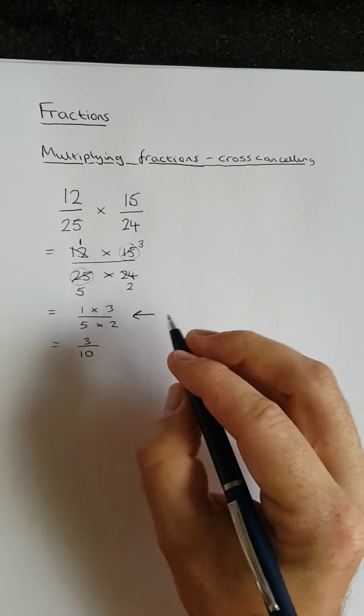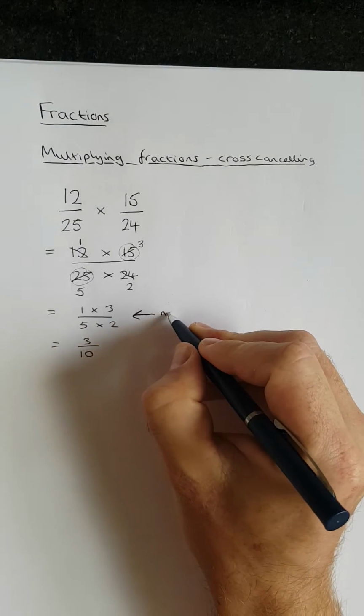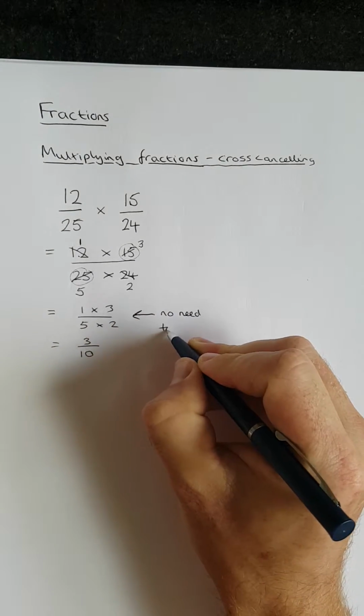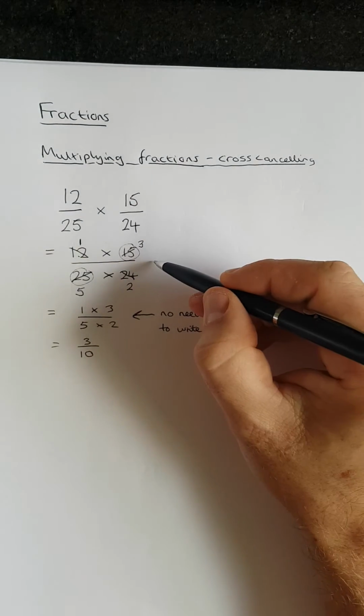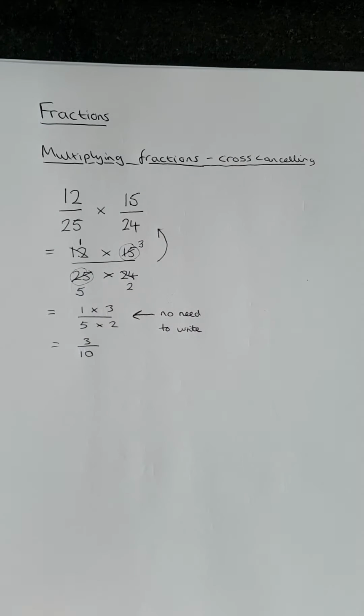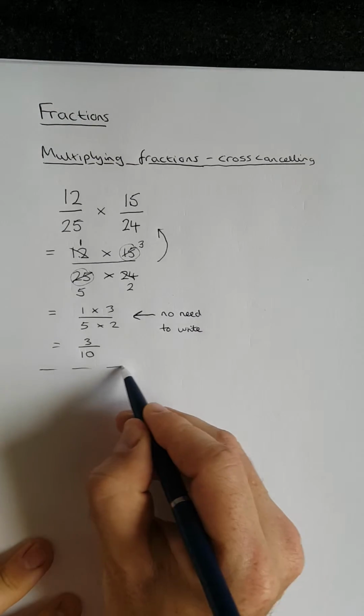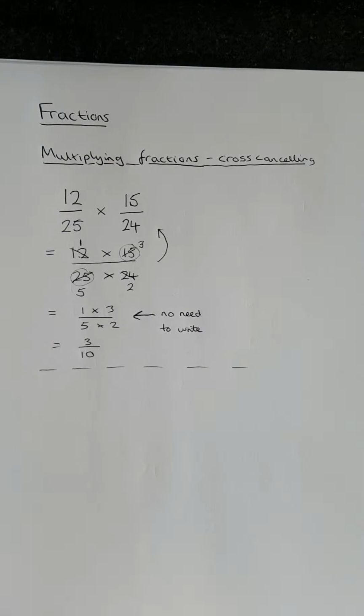You don't need to write this step. In fact, you can do your cross-cancelling up here at the start, if you wish. I'll continue as I am, and then I'll show you how to reduce the setup.